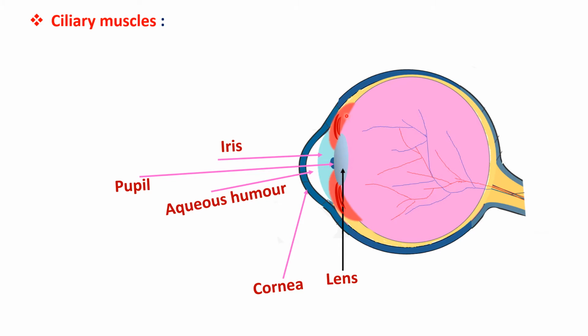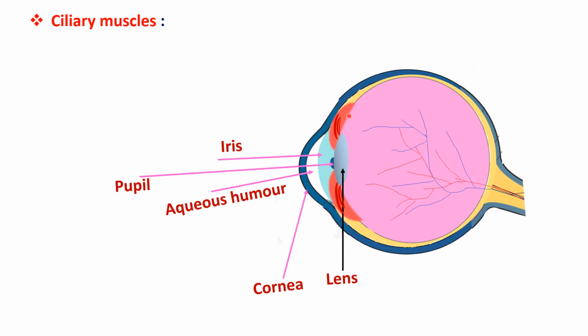If ciliary muscles do not adjust the focal length of the eye lens, the image will not be formed correctly on the retina. When the images are not formed on the retina, we could not see them clearly. Okay, on aging, the ciliary muscles will not function properly, therefore we will get some eye defects.